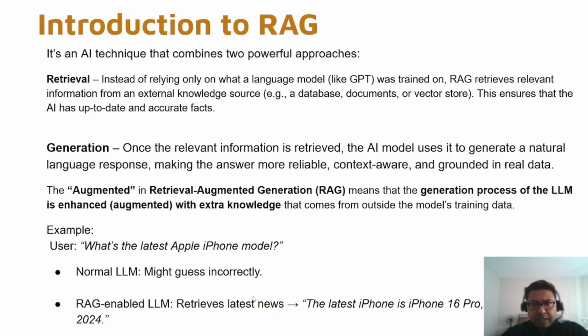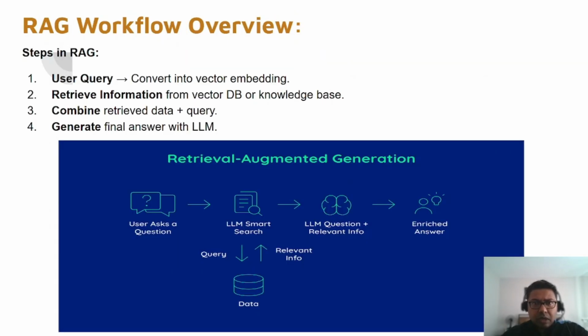Then using RAG, the LLM will always give the accurate answer that the latest iPhone is iPhone 16 Pro, which was released in September 2024.